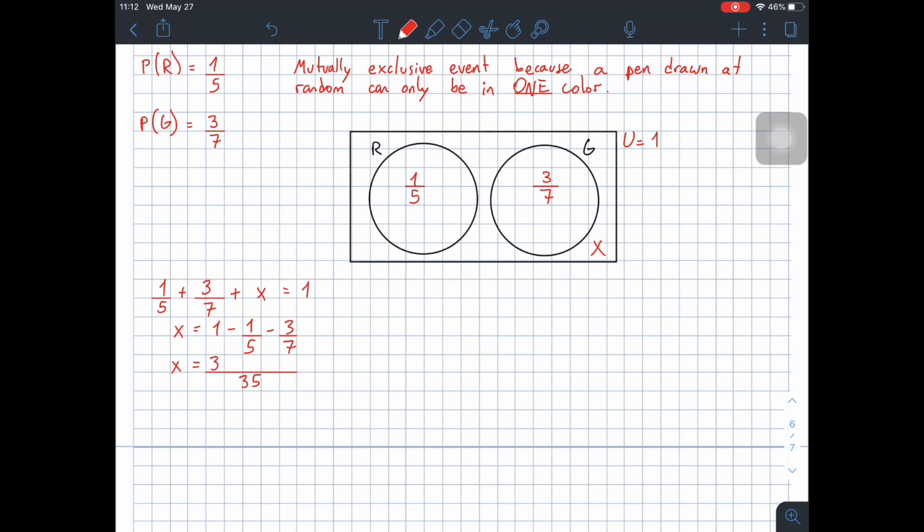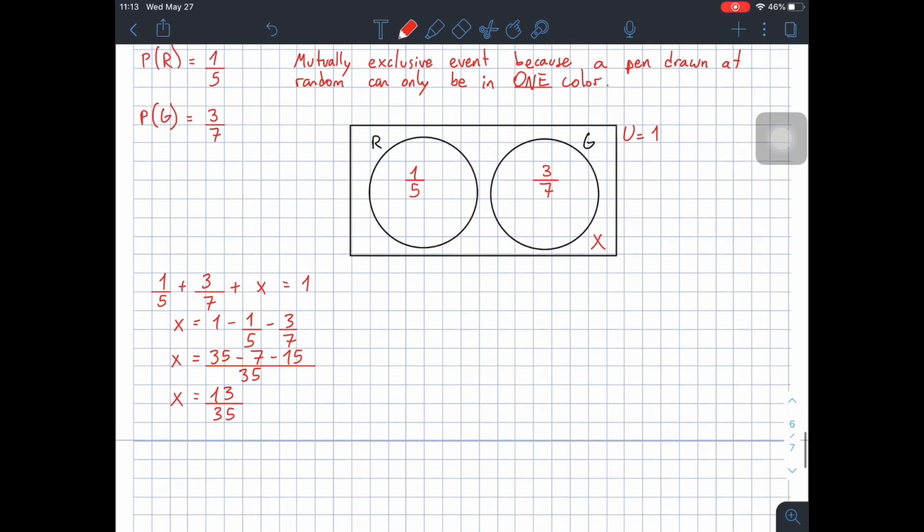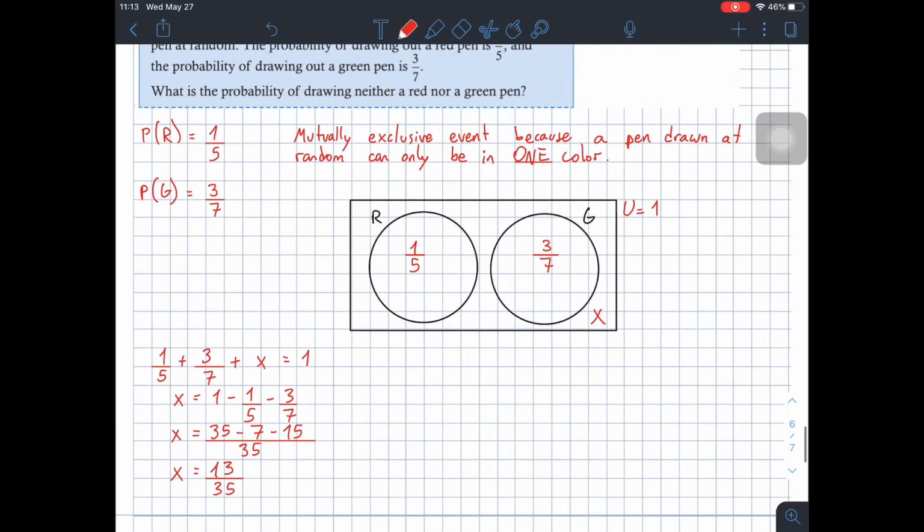So this would be 35 minus 35 divided by 5, that's 7. So minus 7 minus, and this is 5 times 3, 15. So this is 35 minus 15, that's 20. 20 minus 7, that's 13. So 13 out of 35 is the probability of drawing a pen which is neither red nor green.